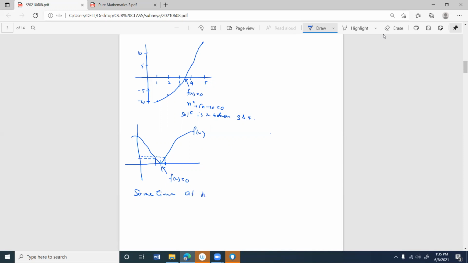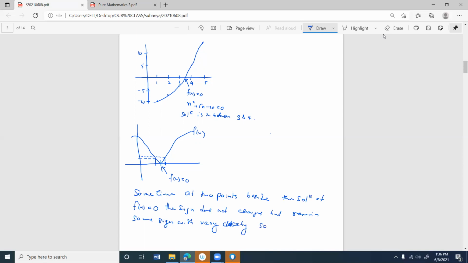So you can say sometimes at two points beside the solution of f(x) equals 0, the sign does not change but remains the same sign with very close by solutions.